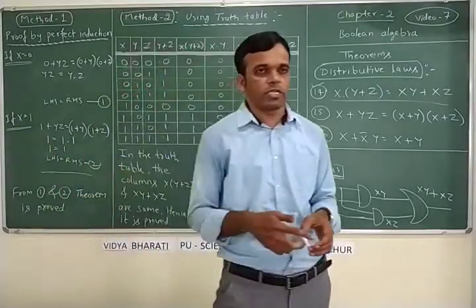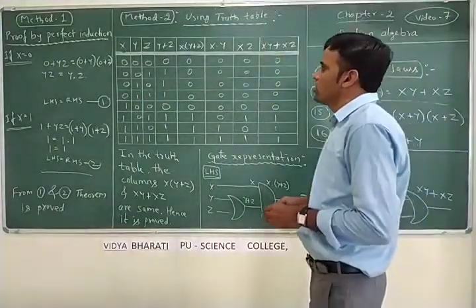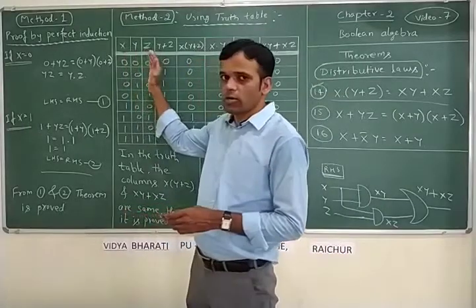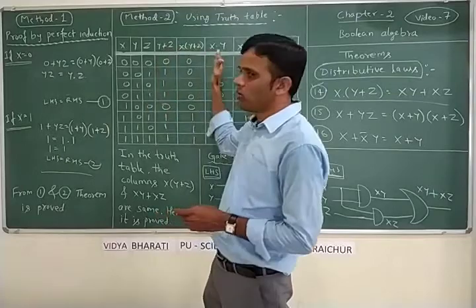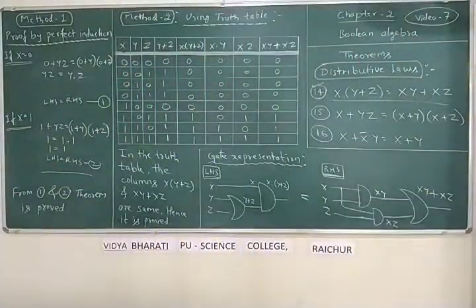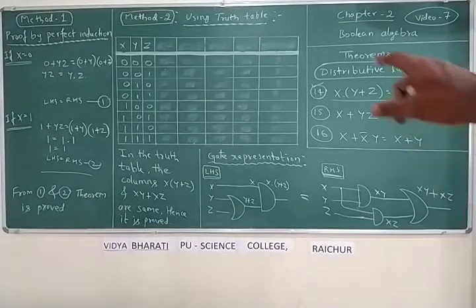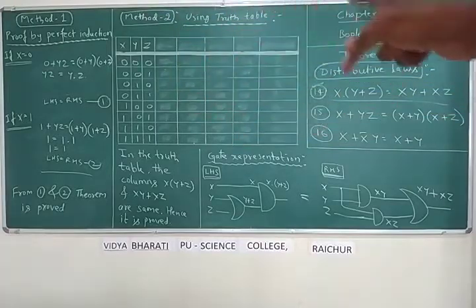So now take up the truth table. This x, y, z column is the same. From here onwards we have to go for some changes. So now the table is ready. Only x, y, z I am retaining from the previous truth table.